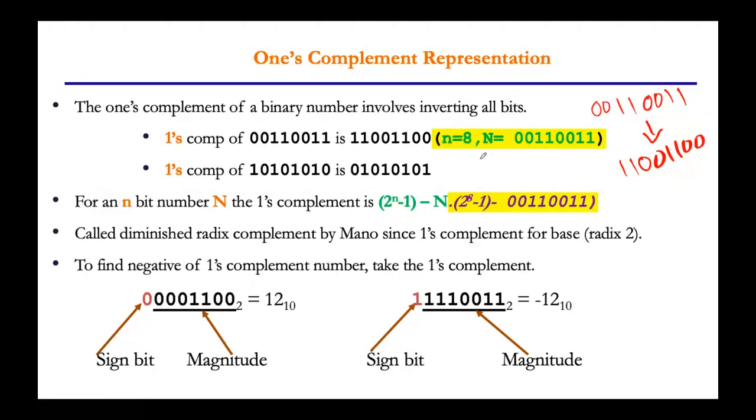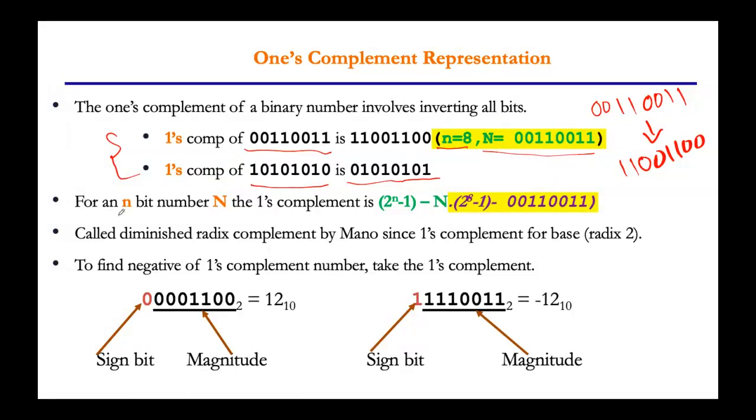If you see another number, suppose 10101010, it becomes 01010101. What we need to remember in ones complement is how many bits are in the number. In this example, the number of bits is 8, and that is represented as n.